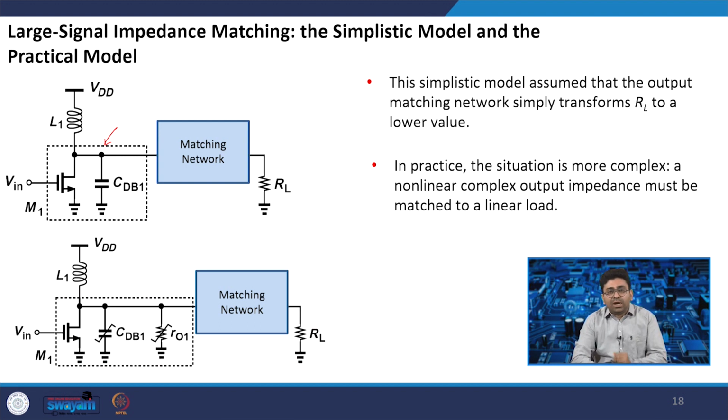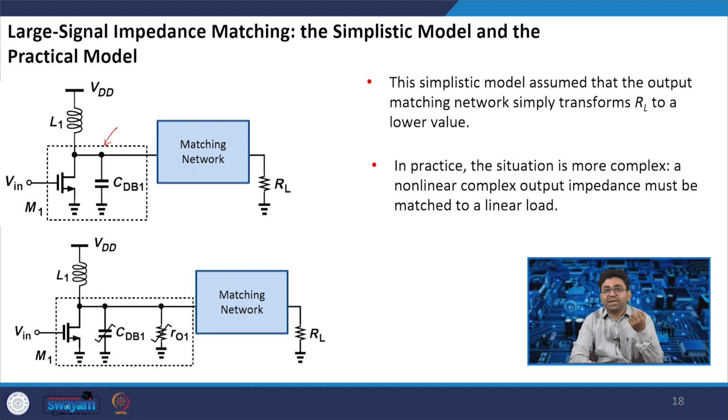In reality this is not true, because if we consider the full voltage swing, the capacitor associated with the M1 transistor, like CDB, and the output resistance RO also vary with the voltage swing.